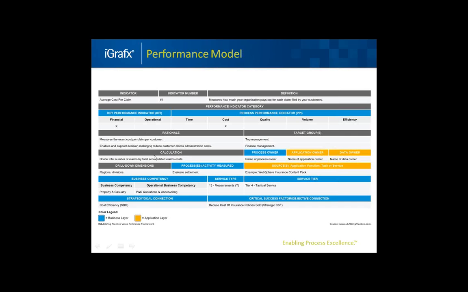So the critical success factor that supports an average cost per claim would be reduced cost of insurance policies sold. That's a strategic critical success factor for many insurance organizations. The strategy this supports would be cost efficiency. That's the strategic business objective.